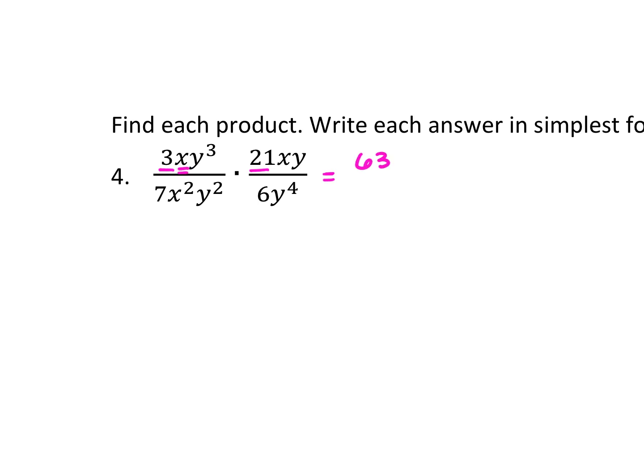What's x times x? x squared. And then y cubed times y? y to the fourth. Okay, put that over. What does this become? 42. x to what power? x to the second. y to the sixth. Okay, so we're just adding our y exponents on that. So you can start the problem like this, and then what would you do from here?